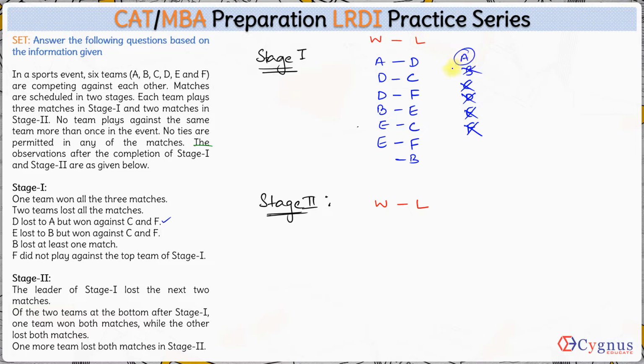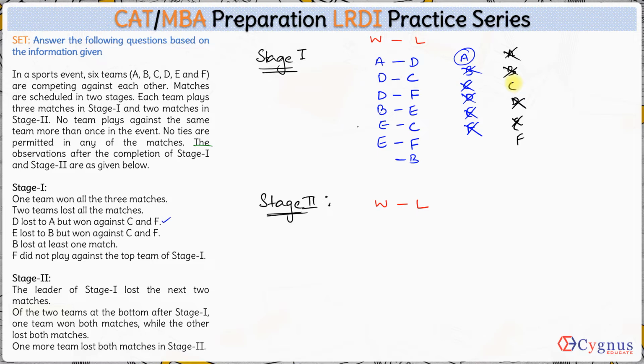Fine. Next, we are also given that there were 2 teams who lost all their matches. Now, out of A, B, C, D, E and F, which are the 2 teams that would have lost all the matches? A cannot lose all the matches. A is in fact going to win all the matches. B has won at least 1 match, so B cannot lose all the matches. E and D also cannot lose all the matches because E has won at least 2 here and D has won 2 matches here.